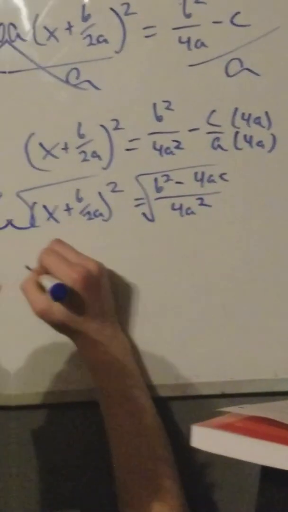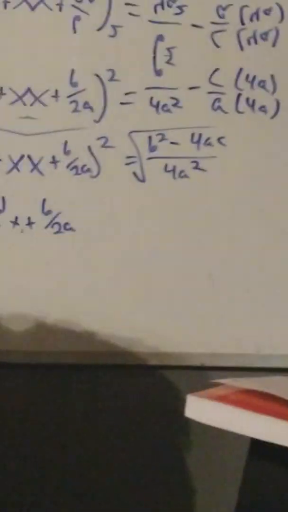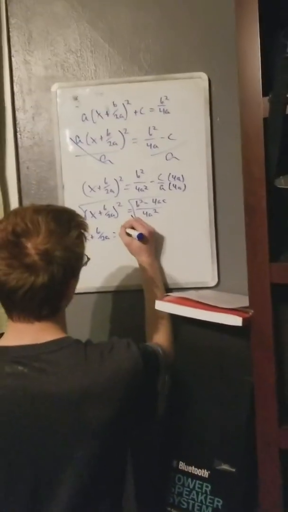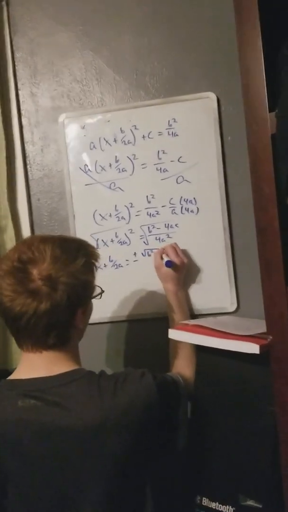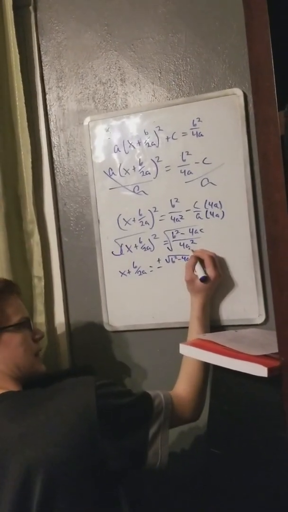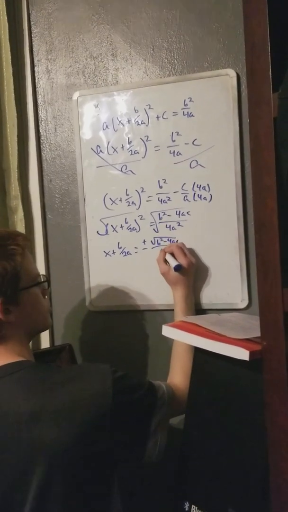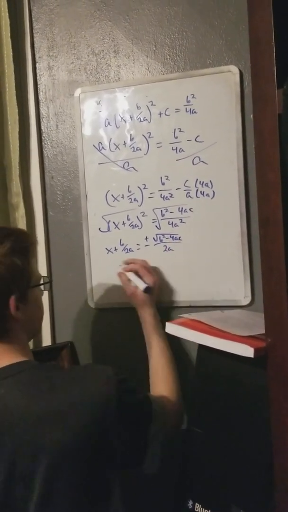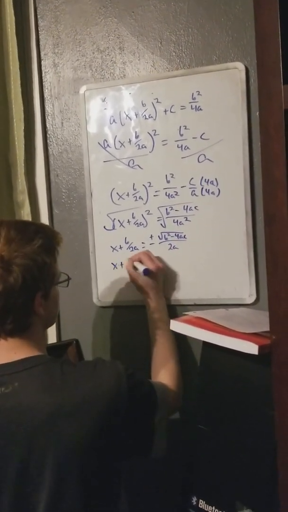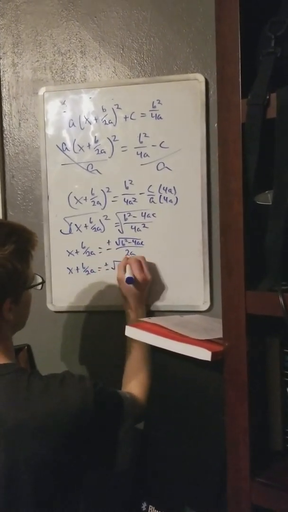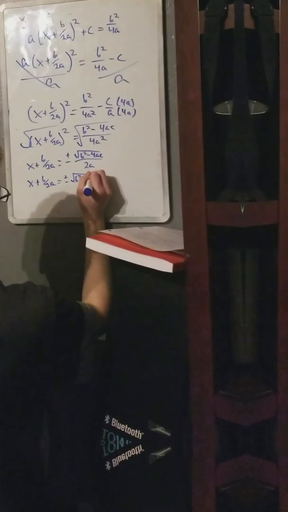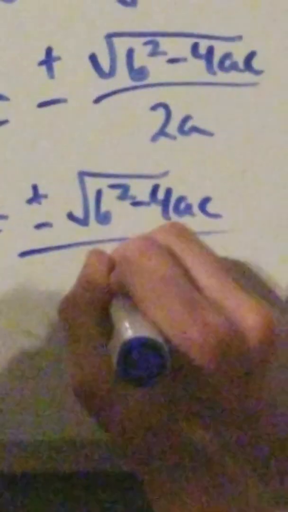So, next, square root it. Okay, x plus b over 2a, square root it means plus or minus, because you're going to be either one of them. So, plus or minus the square root of b squared minus 4ac, over, we can square this out, gets the perfect square, 2a. Okay, next, we have x plus b over 2a equals plus or minus the square root of b squared minus 4ac all over 2a.